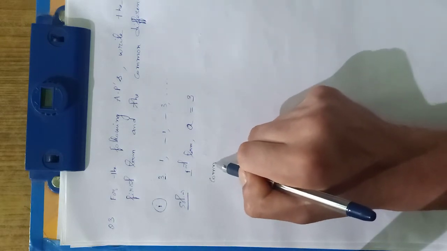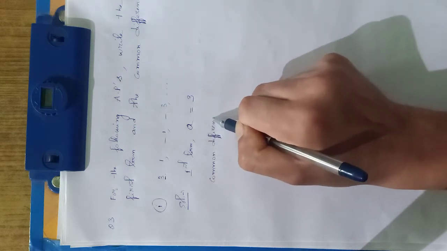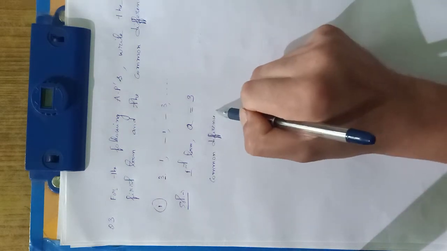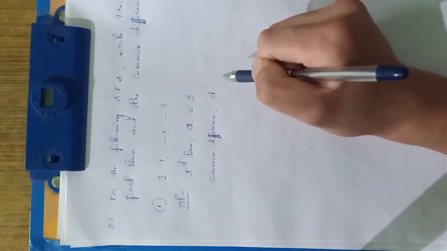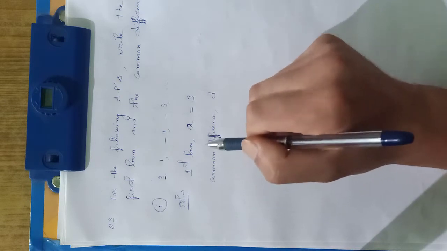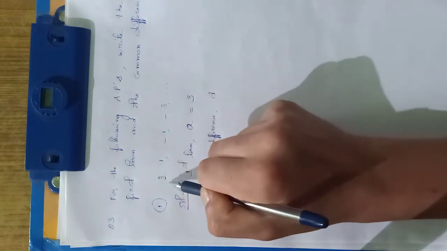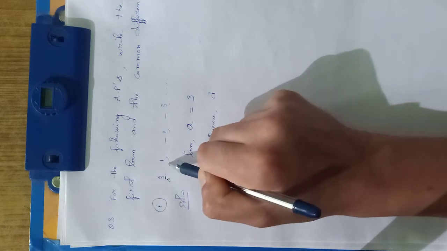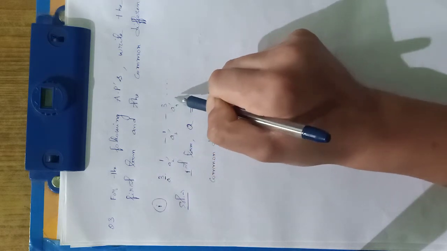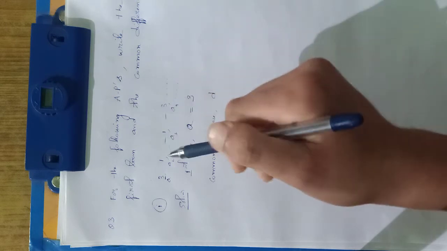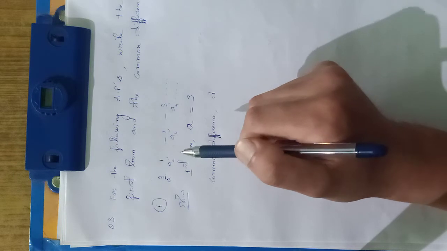And the common difference, we see that in the previous question common difference is denoted by D. And how do we find out the common difference? We subtract any of the consecutive terms. So this is your first term, this is your second term, this is your third term, this is your fourth term, and so on. So we can subtract any of the two consecutive terms.